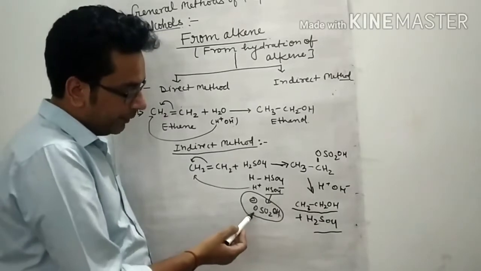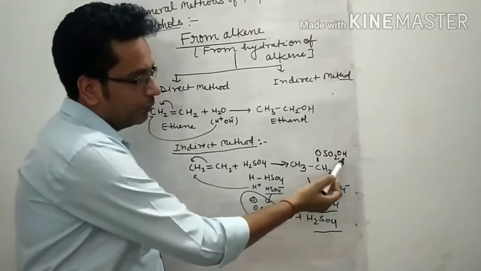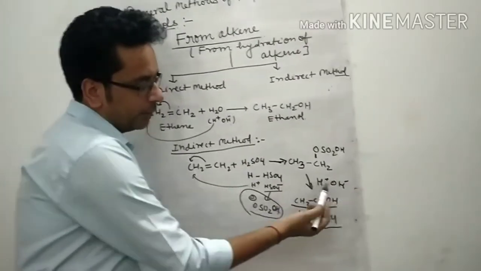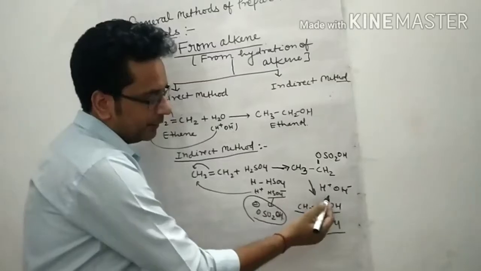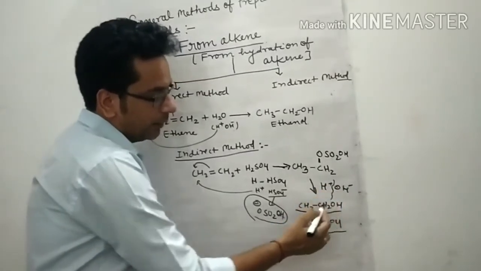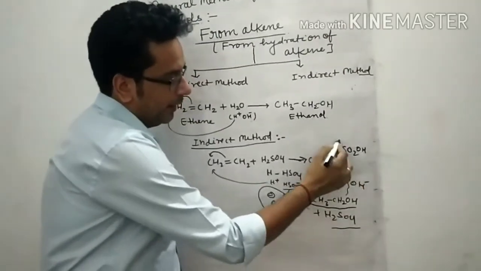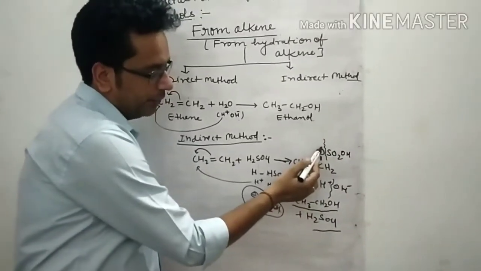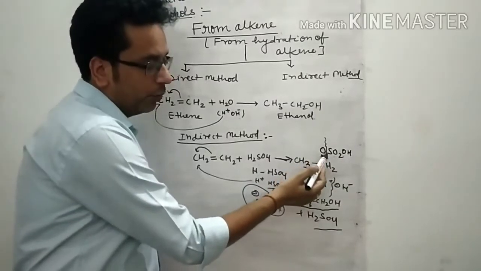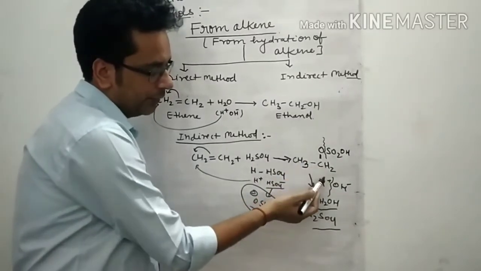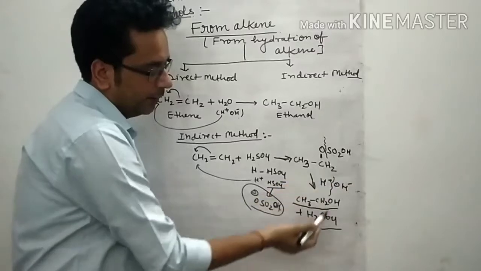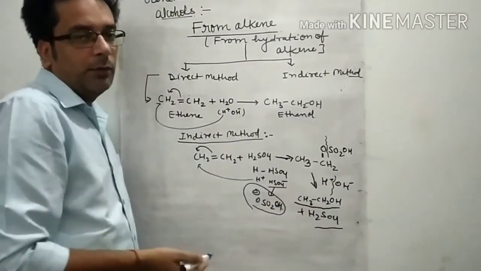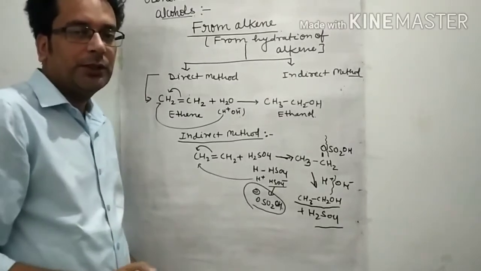When it reacts with water, hydrolysis takes place, H plus and OH minus. Oxygen contains a negative charge, and oxygen is more electronegative than sulfur, so H attacks and removes sulfuric acid. So this is the first method of preparation of alcohol.